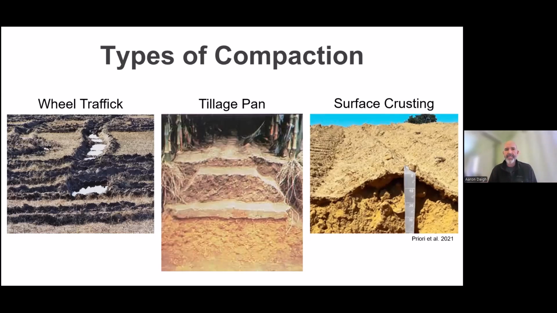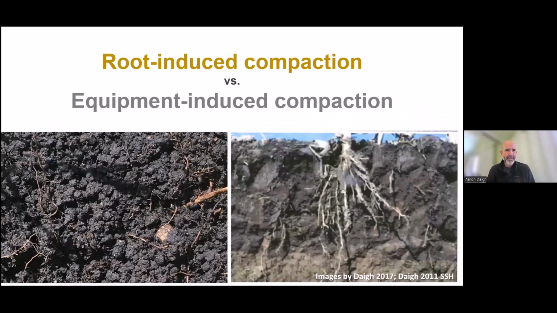So we have these different types of compaction that can emerge as we go about field operations in croplands. But there's another type of compaction I also want to mention: root-induced compaction. We usually don't think about it, but it's happening out there, and it's very different from equipment-induced compaction.